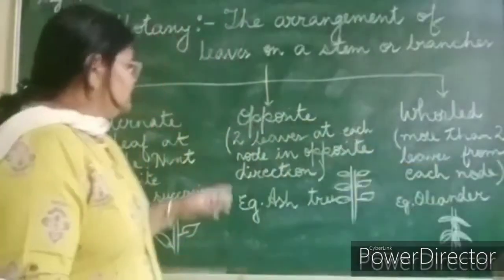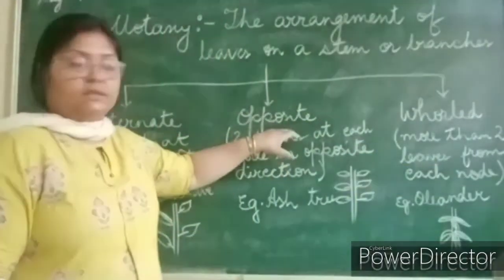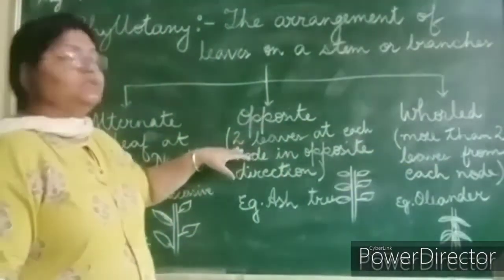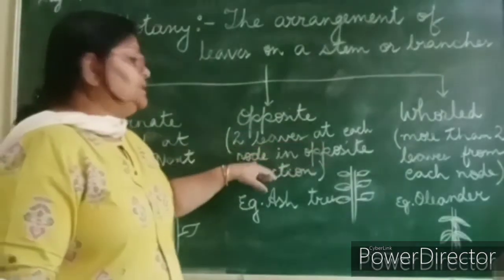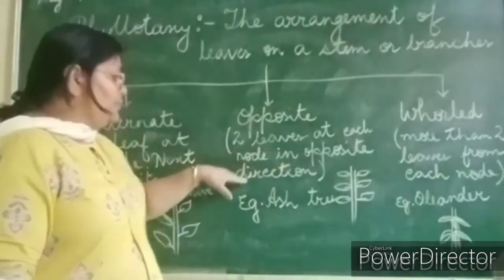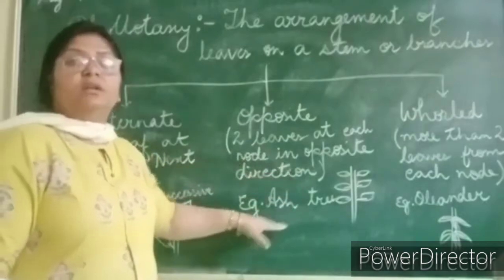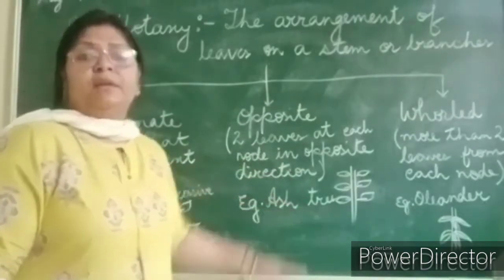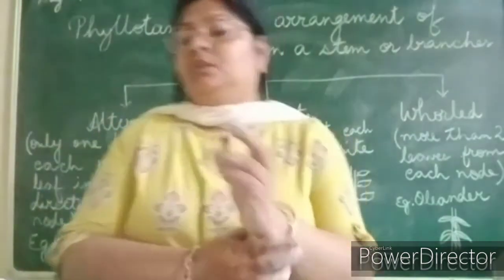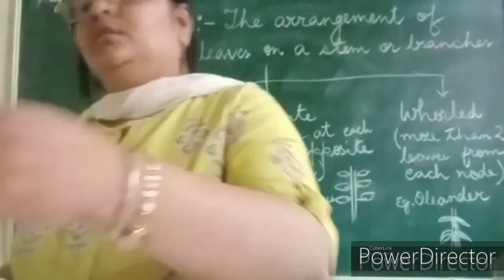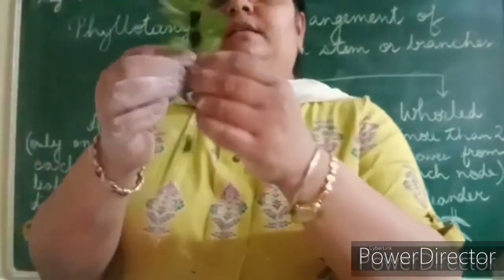Now next is opposite phyllotaxy. In opposite phyllotaxy, what is seen? Two leaves at each node in opposite directions. It is found in shrubs, for example, the ash tree. To help you understand again, let's see the specimen.